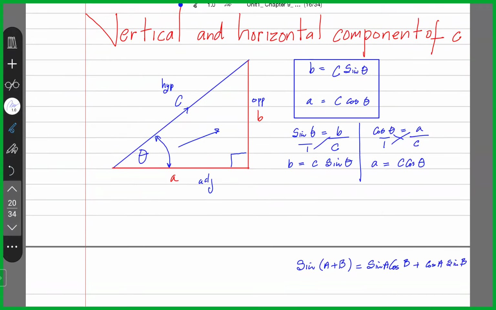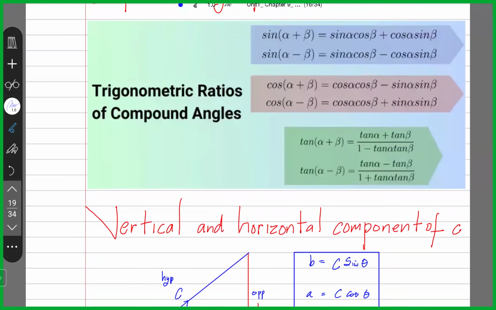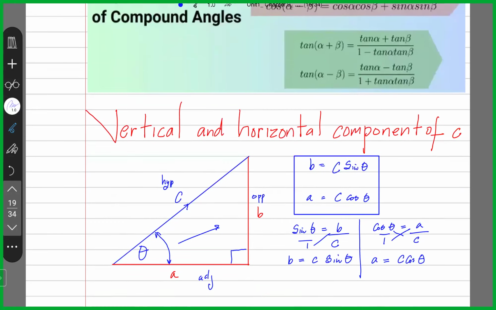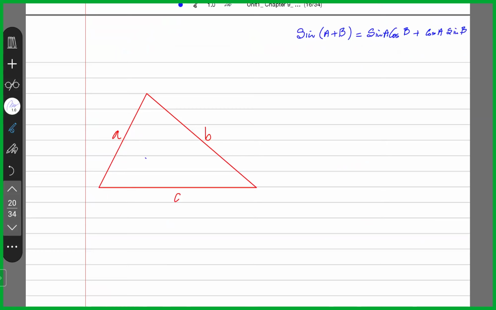For some reason, my brain is shutting down a little. All right, so let's see how they would do this.